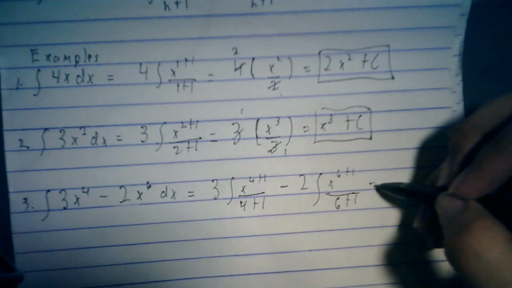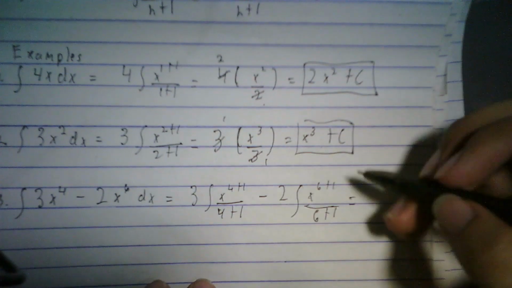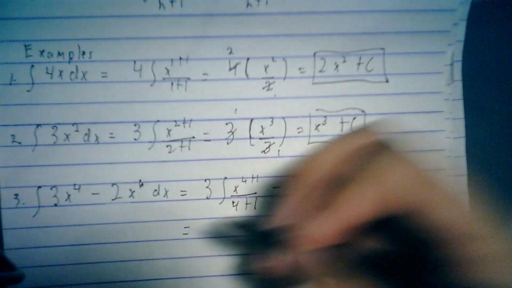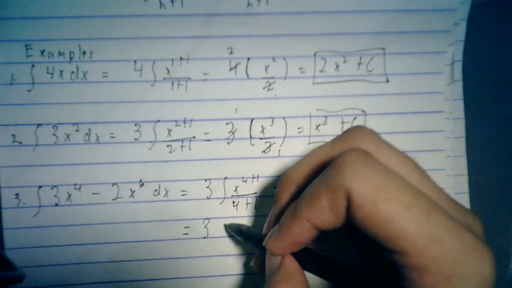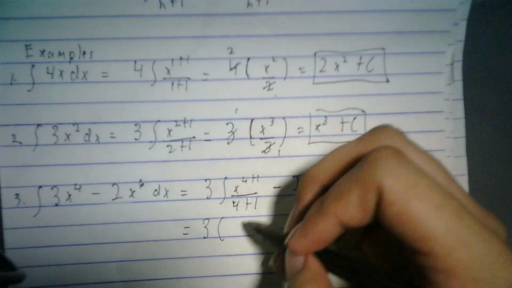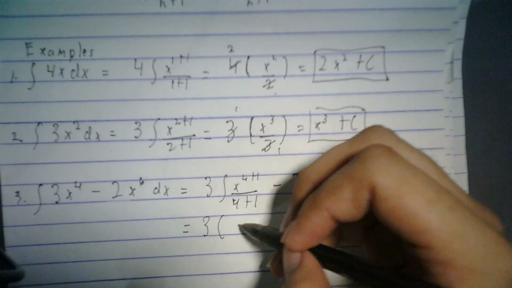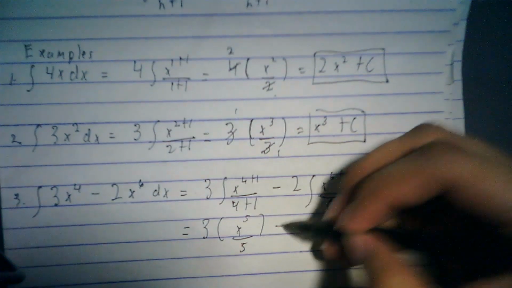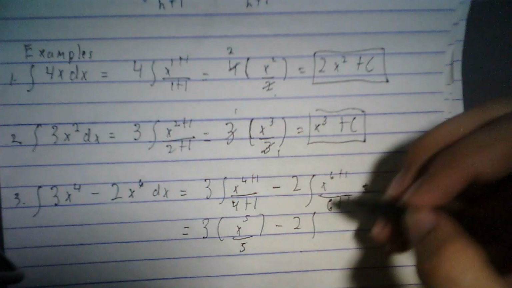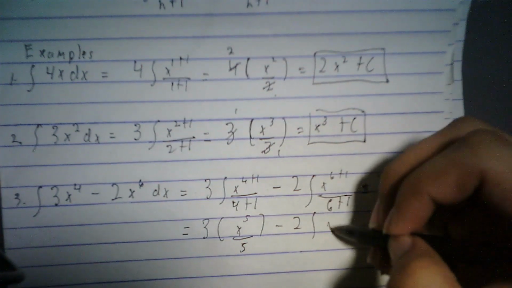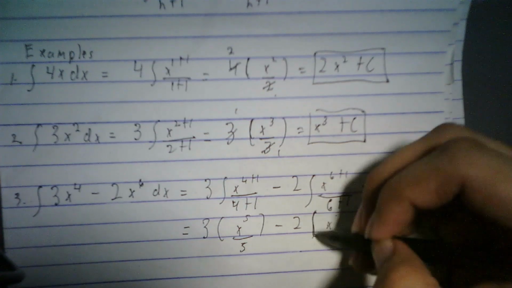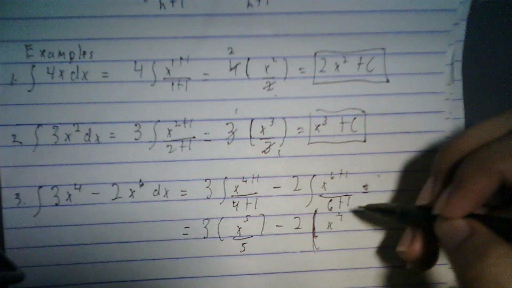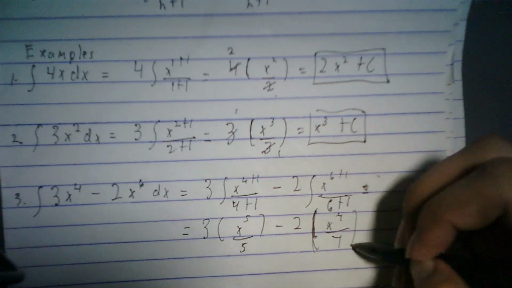So 3 times x to the 4 plus 1, and 4 plus 1 is just equal to 5, x to the 5 over 5, minus 2 times x to the 6 plus 1, and 6 plus 1 here is just 7, x raised to 7 over 7.